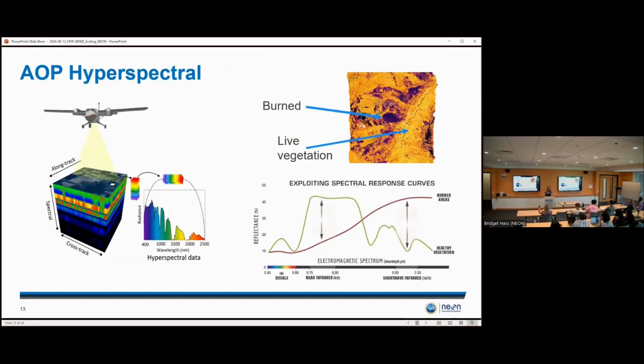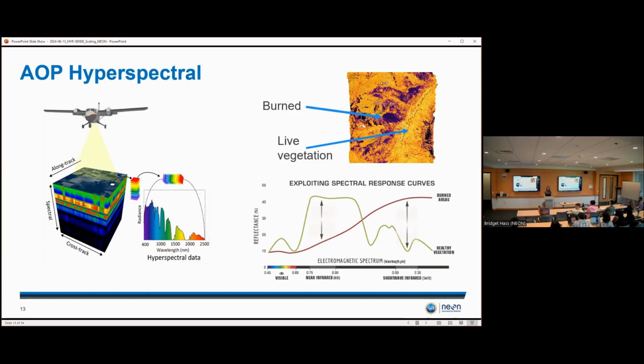And then our second main instrument is our hyperspectral sensor. This is an AVIRIS-NG sensor built by JPL. And we operate 3 of these, and they collect spectral information about what you're flying over. I borrowed this from one of the Earth Lab tutorials, actually, but this is just an example of the spectra you might see from healthy vegetation compared to burned vegetation.